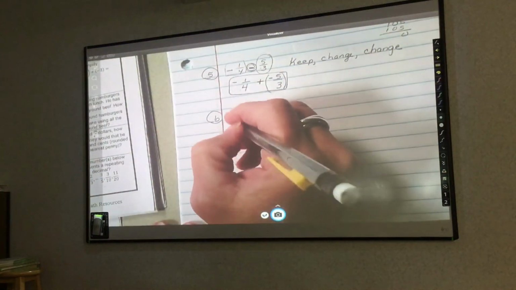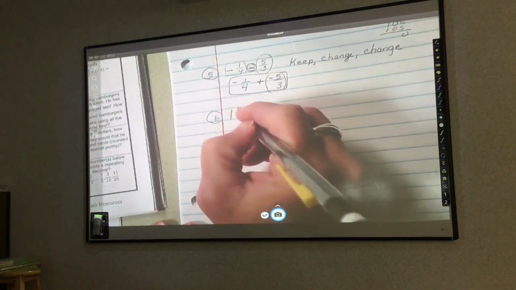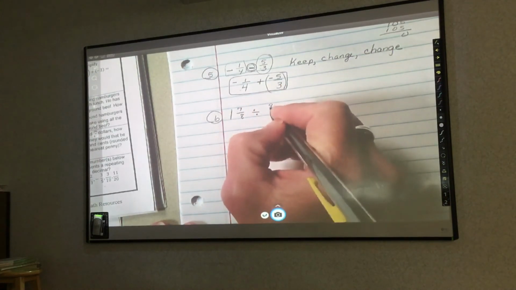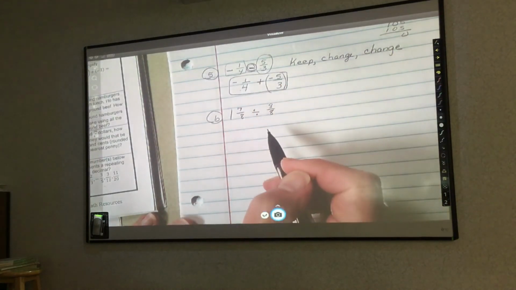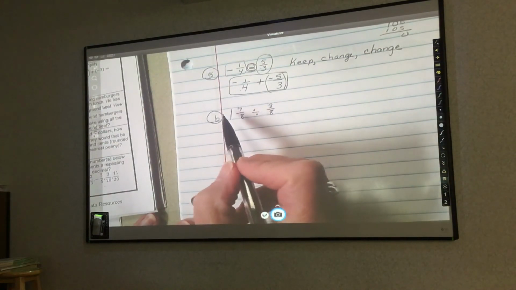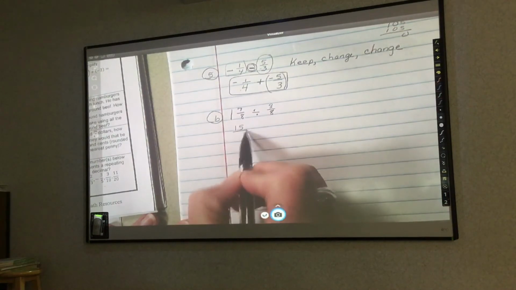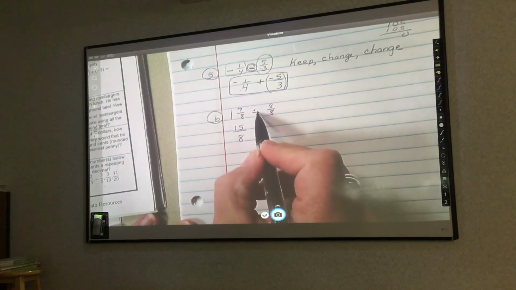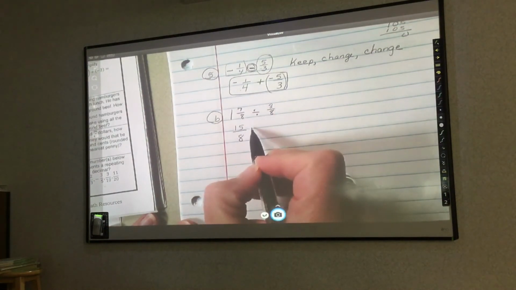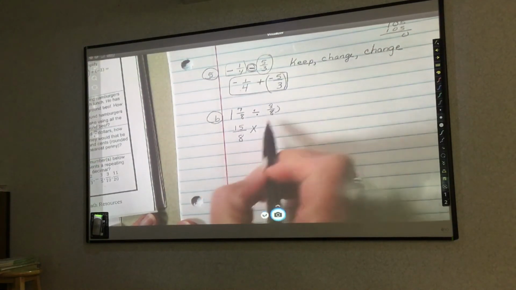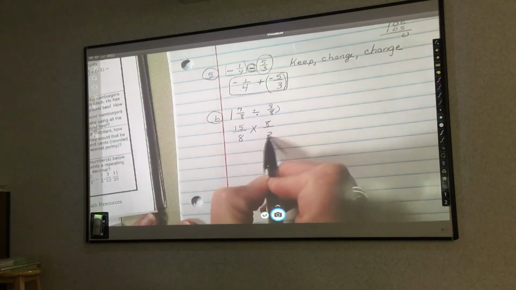Start with 1 7/8 divided by 3/8. Change this to an improper fraction, which would become 15/8. We change division to multiplication, and we flip or find the reciprocal, that's 8/3.